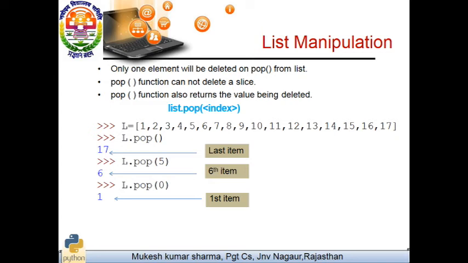Pop function also returns the value being deleted. In this program, we see that if no argument is put in the pop function, it deletes the last element of the list. If we input any index in the pop function, it deletes the element at that particular index.